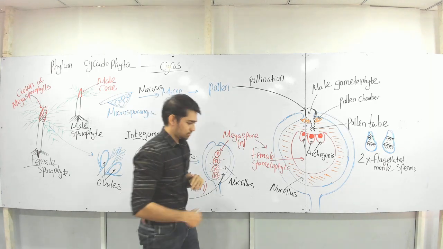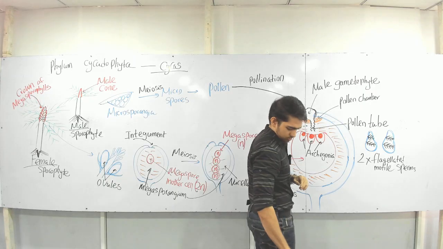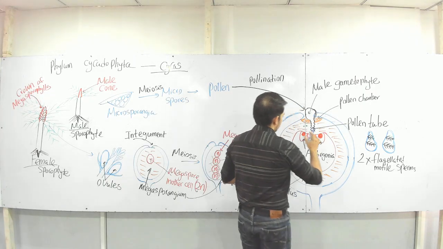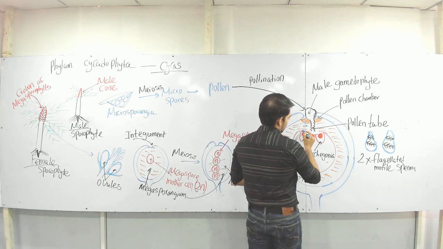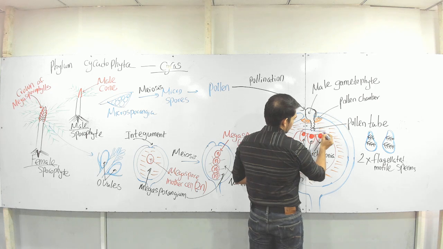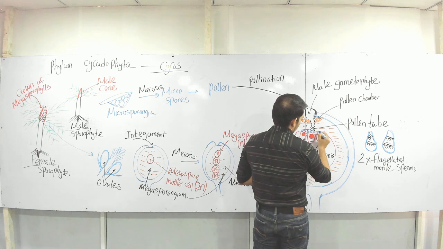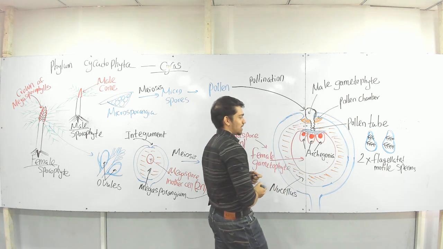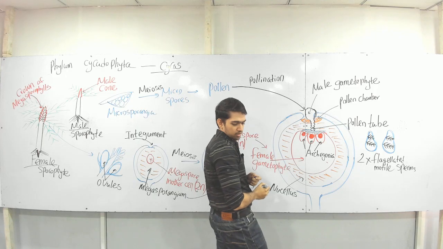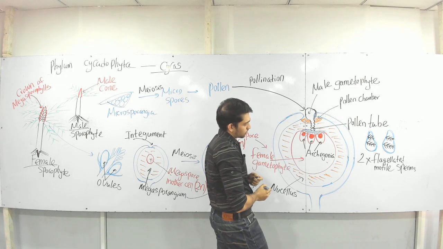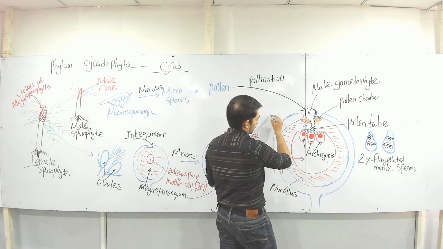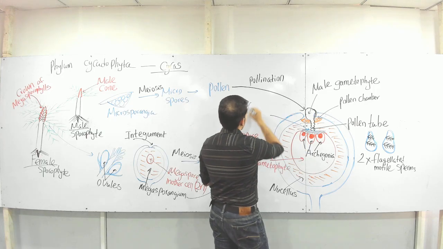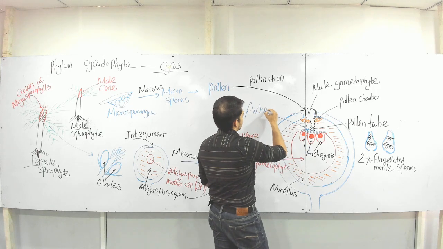Because cycad evolution is very weird. There's some internal water here. Online people, I'll send you if you can't see clearly. There's some internal water here that is called the archegonial chamber.